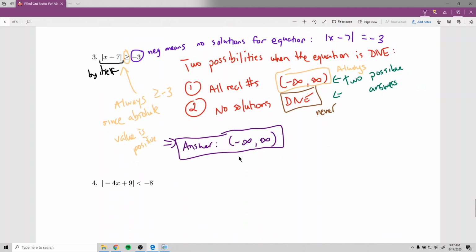So just comparing number 3 to number 4, we go through the same steps we always do with absolute values. We want to get this part by itself, which we have. We check out the number over here and see that it's negative. So there's going to be no solutions to the equation.